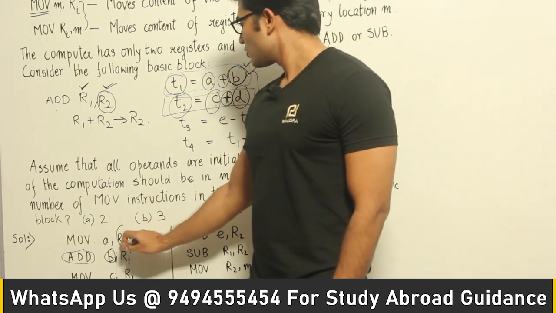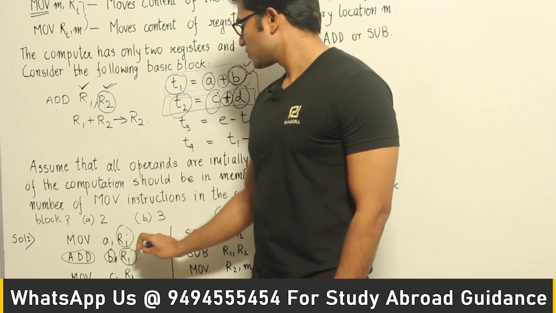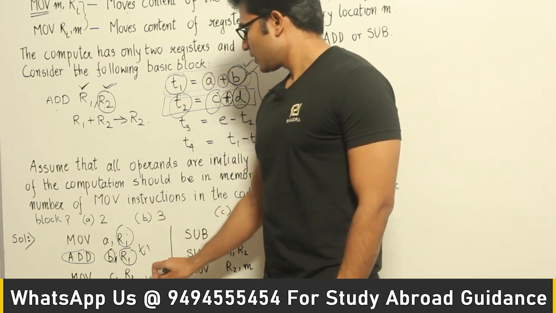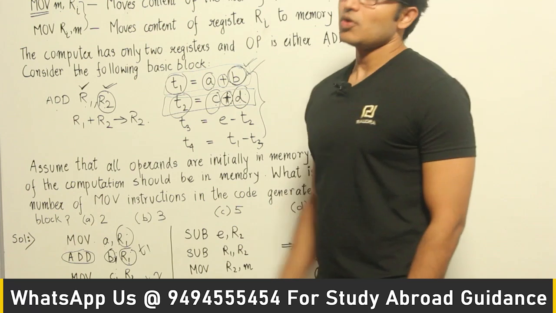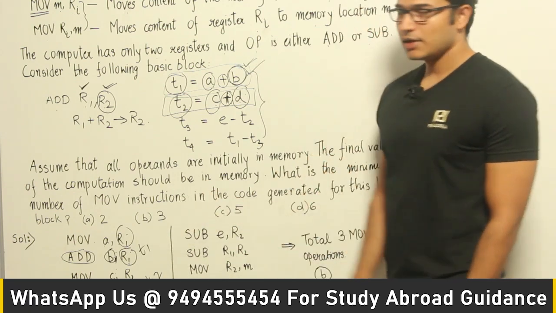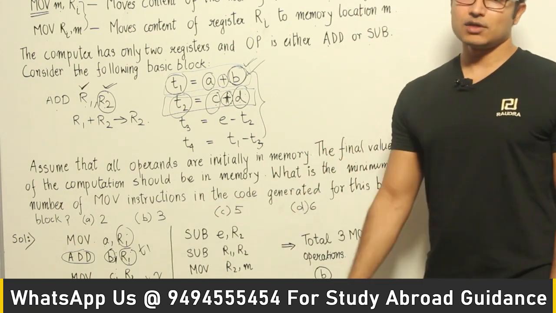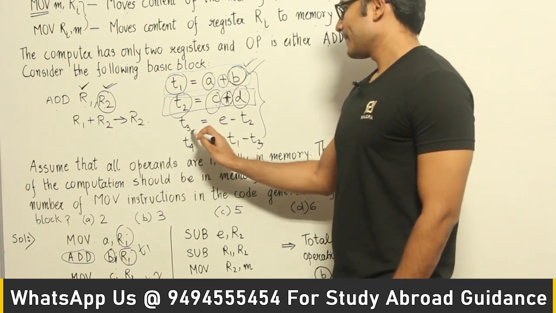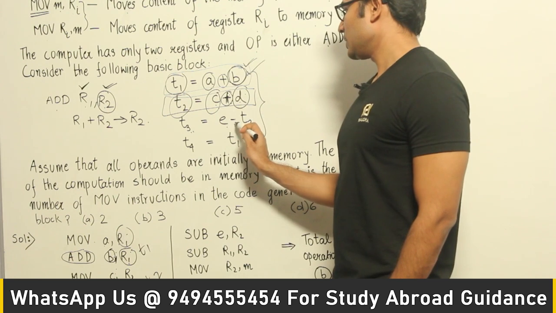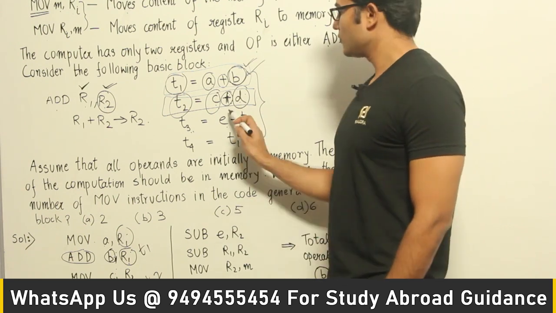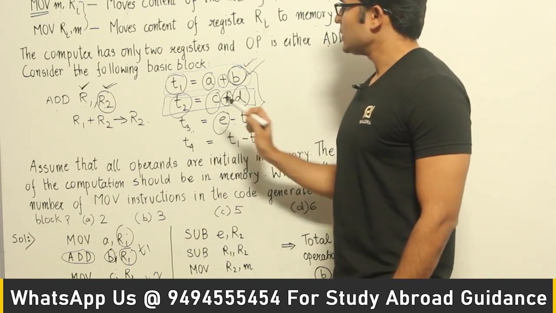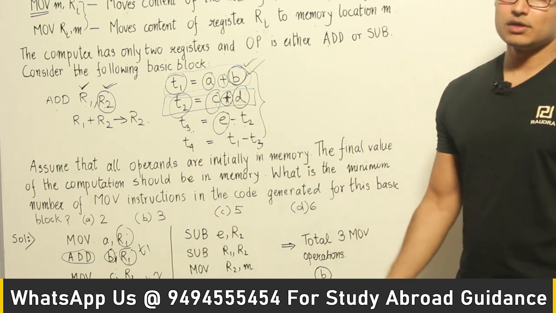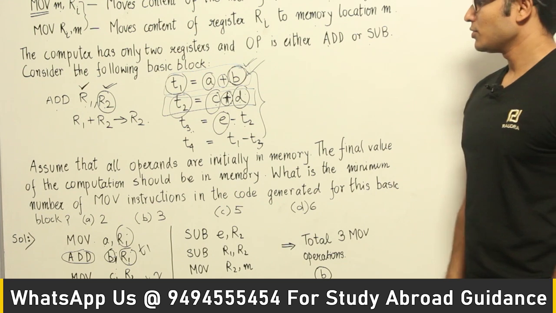So after this, R1 is going to contain T1, and R2 is going to contain T2, right? Now don't unnecessarily move them out of the registers, just let them be there so that whenever we need them, we can use them without using the move, right? Now next thing is T3 equal to E minus T2. Now again we need the operand E. This operand E is in the memory. We have to load it into the register.